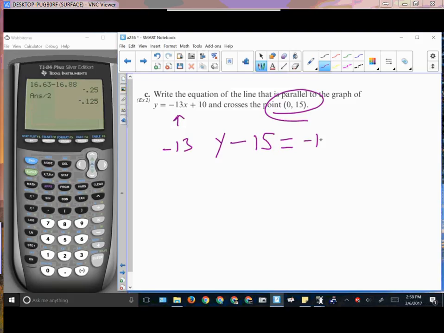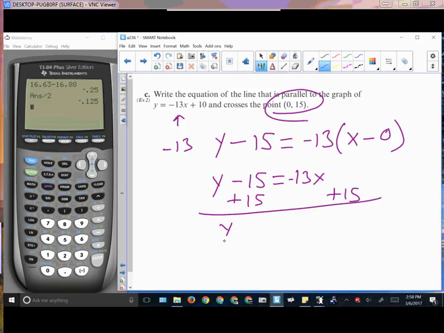Is equal to negative 13, which is our slope, x minus what is x1? 0. So that means I got y minus 15 is equal to negative 13x. Add 15, add 15. Y is equal to negative 13x plus 15. There's your equation.